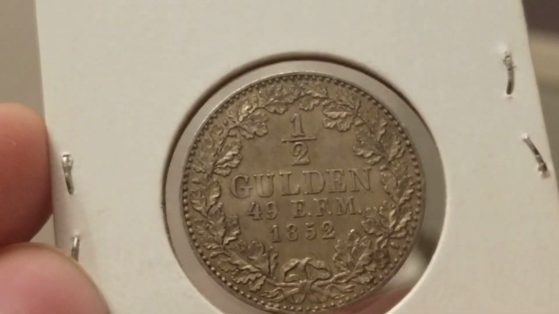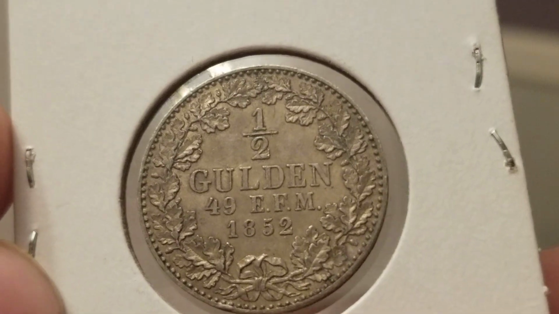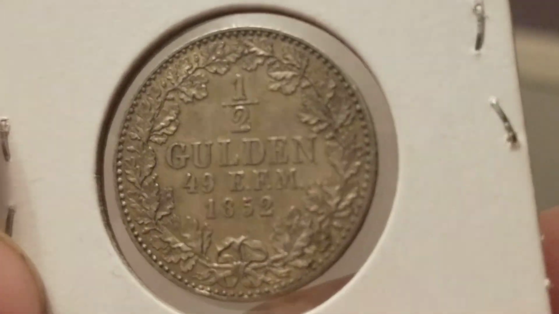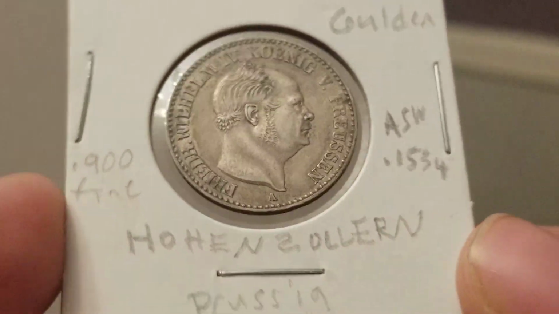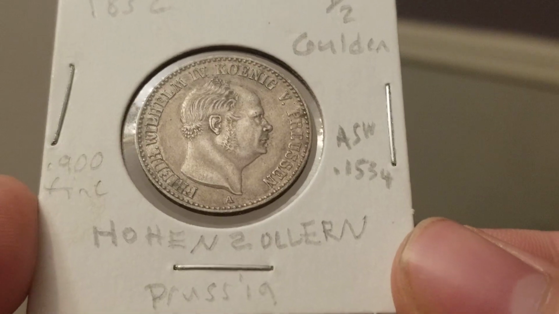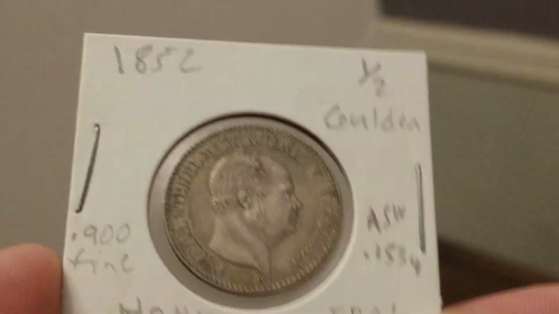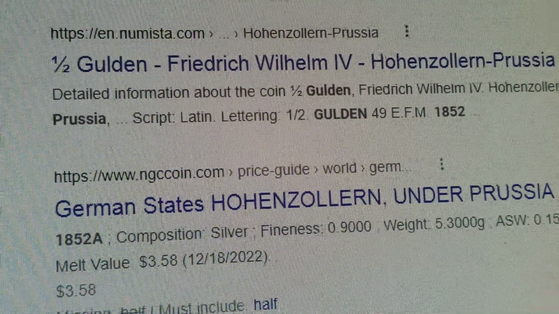So, what did we pay for it? Well, we paid $3.41 for this 1852 half gulden that still has some luster on it. So, why is that a good thing? Well, the half gulden from Prussia, we'll show you. $3.41. Keep that in mind as we go to the computer.